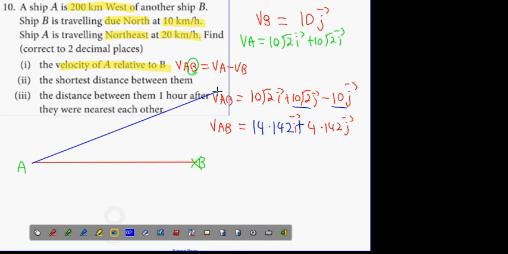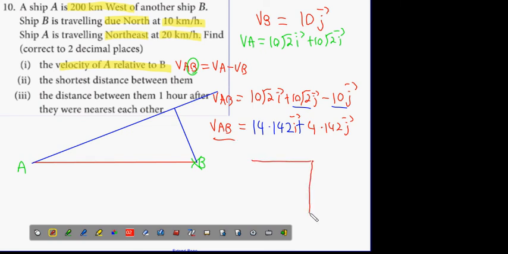Once again, we're going to try and find the shortest distance between them. The shortest distance between them, once again, is from this one to this one here. And do we have an angle yet? We don't have an angle for VAB. So I need to find information about this VAB.